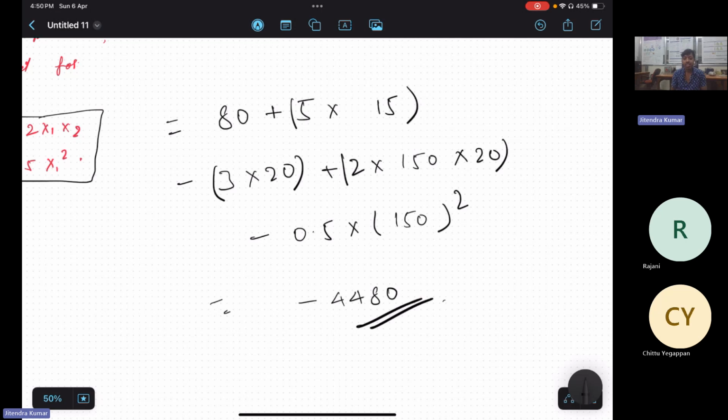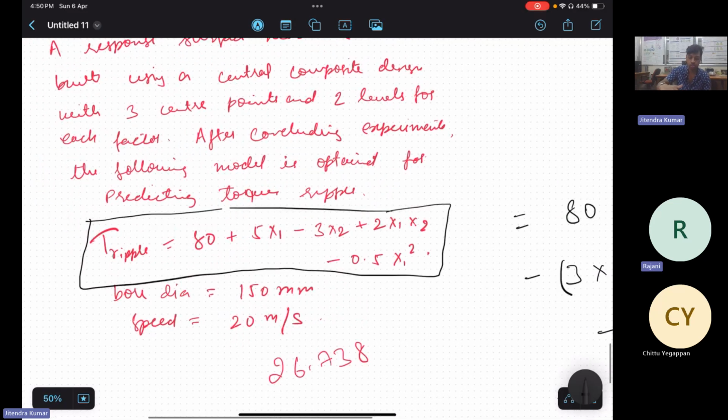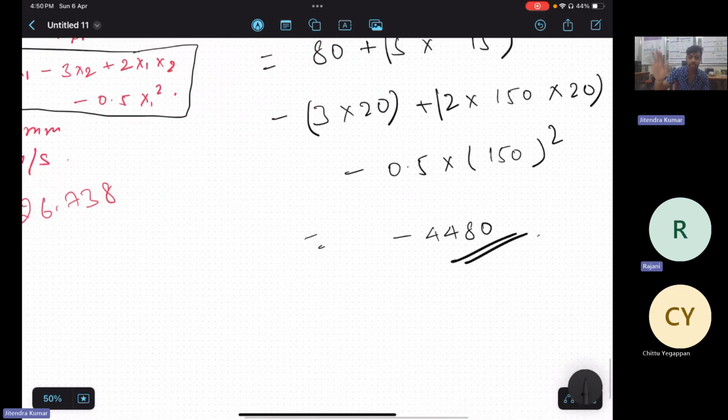Anyway, what could I recommend? I could recommend going ahead with the standard SI units, and that value, 26.738 newton meter, seems to be appropriate rather than this insanely negative value.